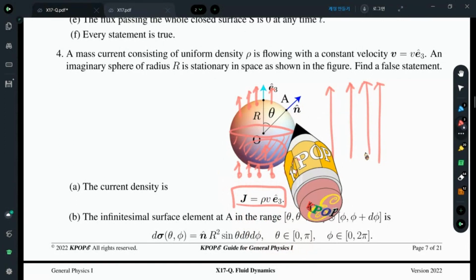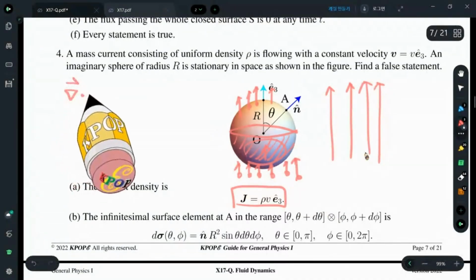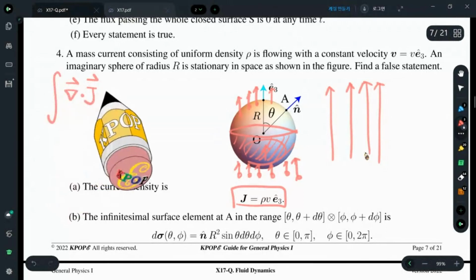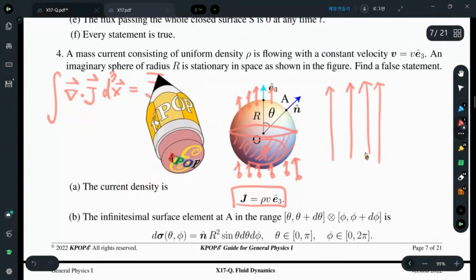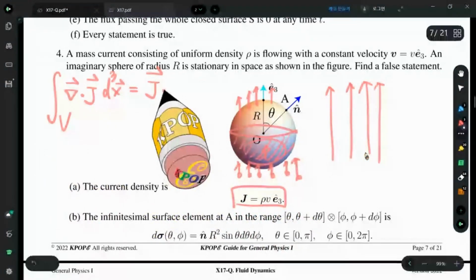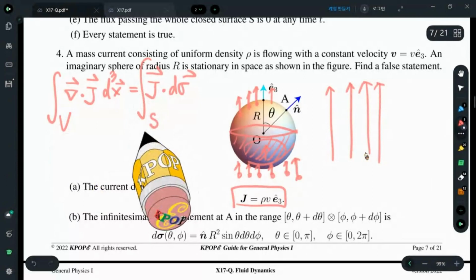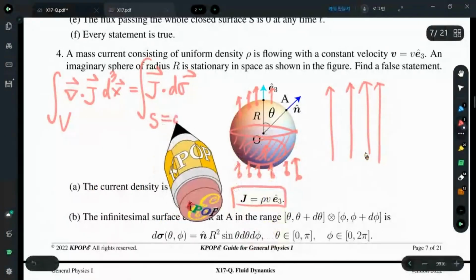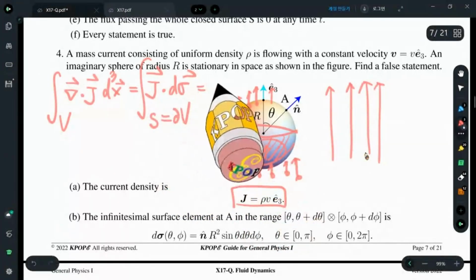In addition, I can make use of the divergence theorem. The divergence theorem over some volume is identical to the surface integral. That surface is the boundary of this volume. This is a flux.